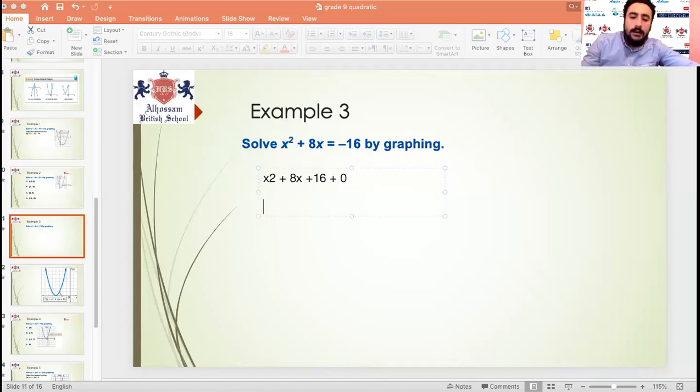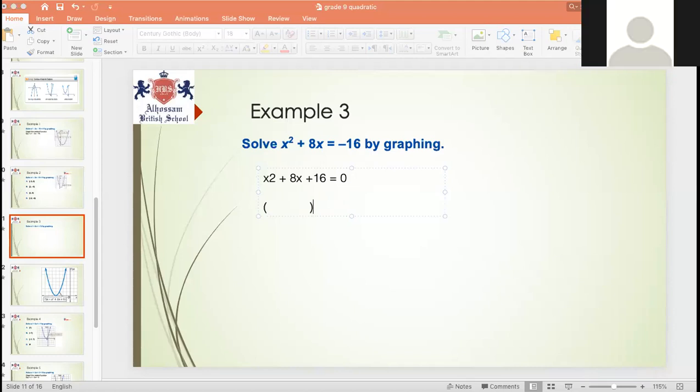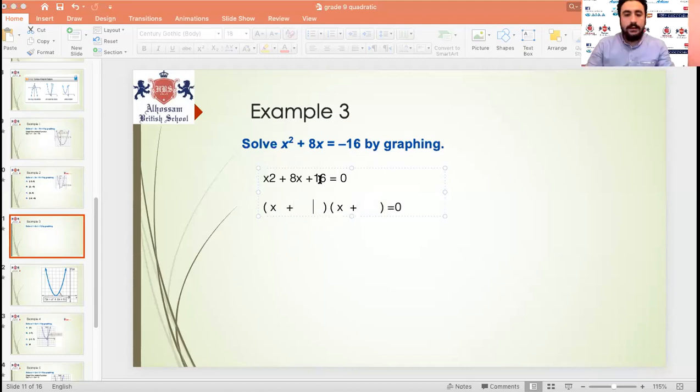So I'm going to transpose first 16 to the other side, so it's going to be positive 16 equals 0. And then I'm going to open two brackets, and then we write x and x on both sides. We're going to add the addition sign, and then 16.